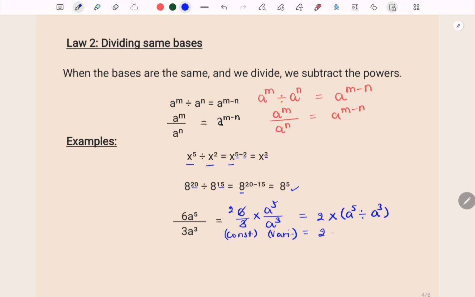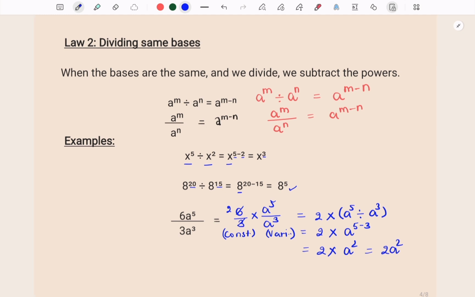So I will write 2. Since the base is again the same, a, I will keep the base and then I will subtract the powers. So that will give me 2 into a. 5 minus 3 gives 2. So 2 into a squared is 2a squared. All right.